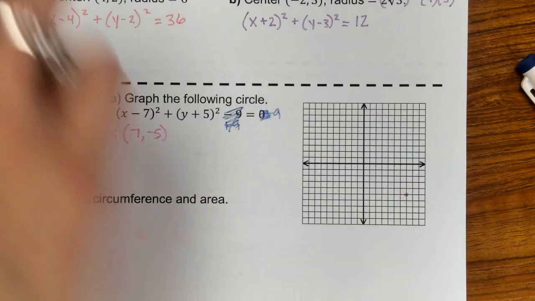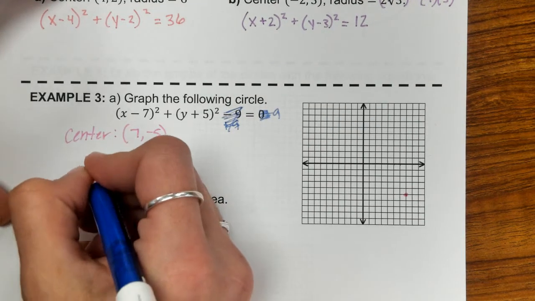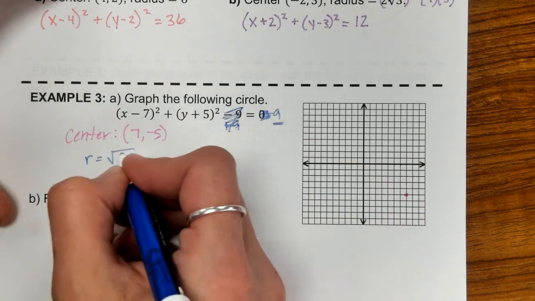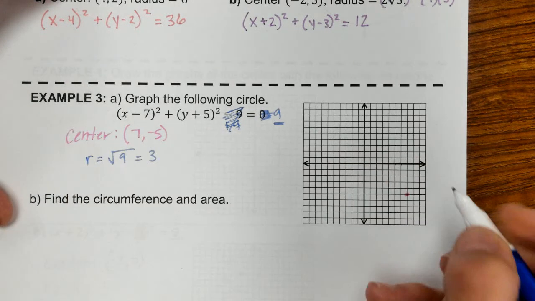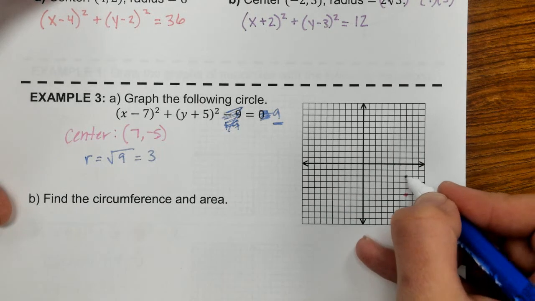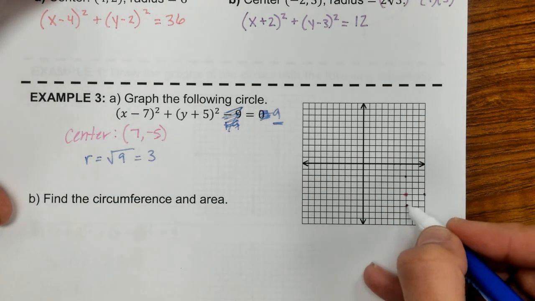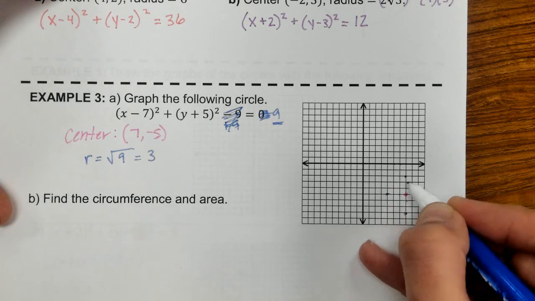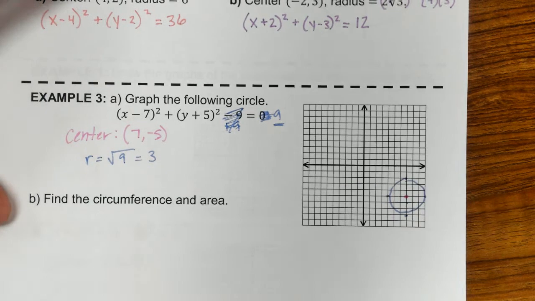And then we remember that our radius is going to be the square root of this number over here, that 9. So it will be 3. So 3 in each direction. Barely had room there. I think I miscounted. And then connect those, just the best we can.